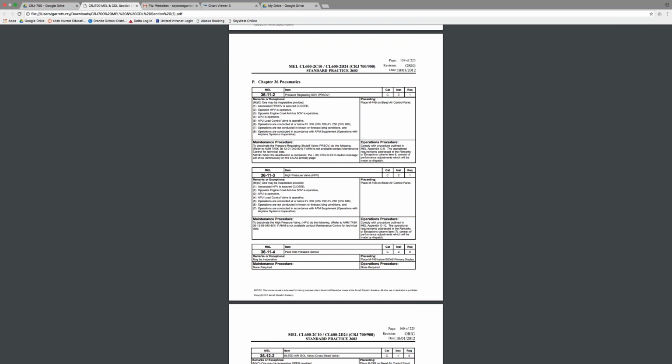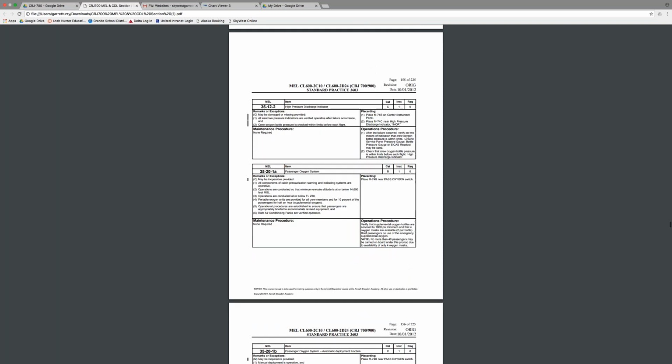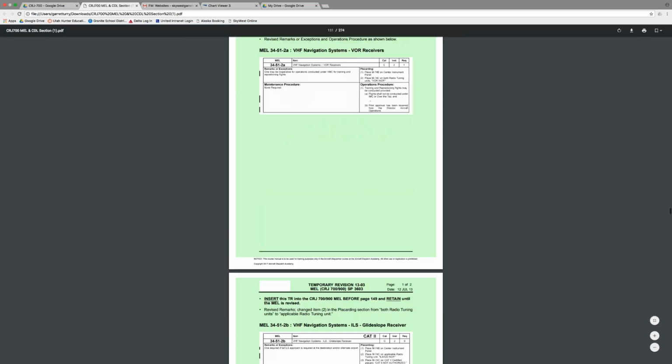Hold on one second. Pneumatics. So pneumatics is found on the index? Yeah, so let's see.